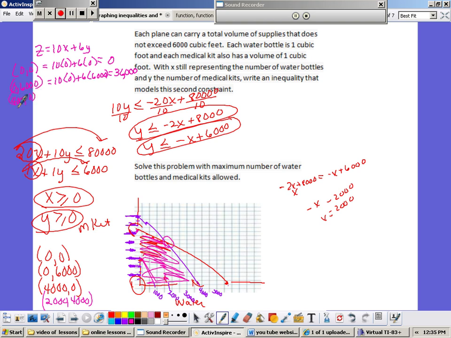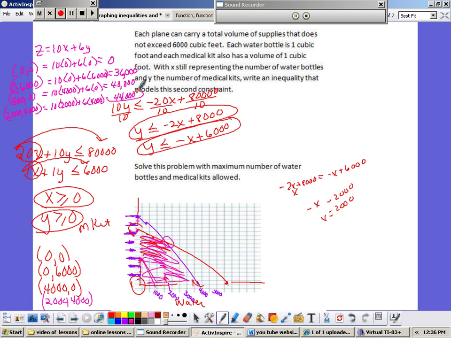4,000, 0, would give me 10 times 4,000 plus 6 times 0, which helps 40,000 people. So if I take 4,000 waters and no medical kits, 40,000 people can be helped. If I do 2,000, 4,000, I get 10 times 2,000 plus 6 times 4,000, which gives me 44,000.